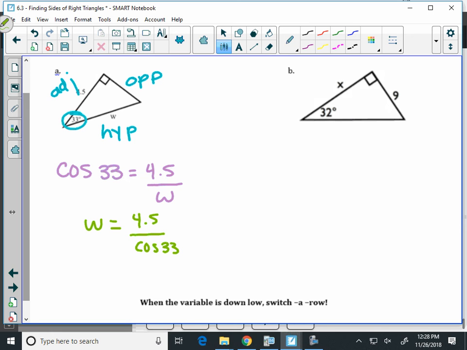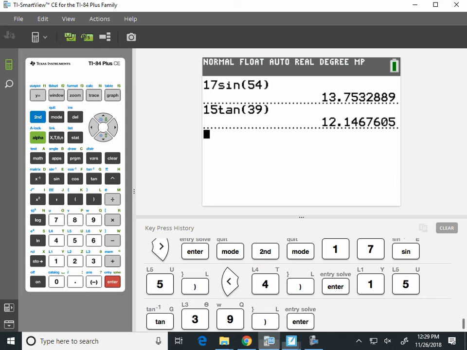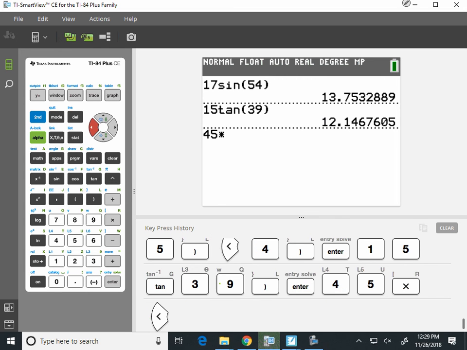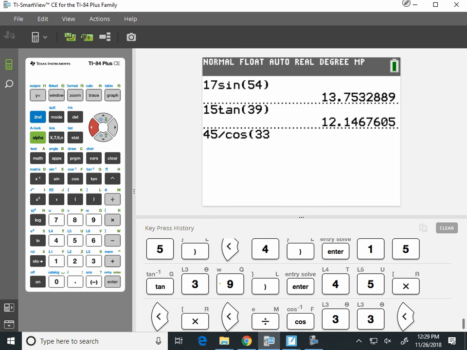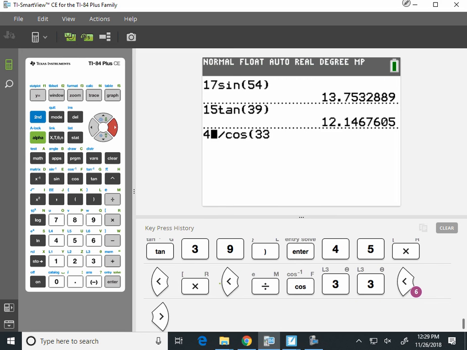And then that's what you plug in your calculator. You just do 4.5 divided by cosine of 33. There you go, 4.5 divided by cosine of 33.